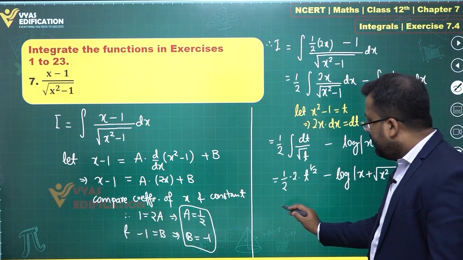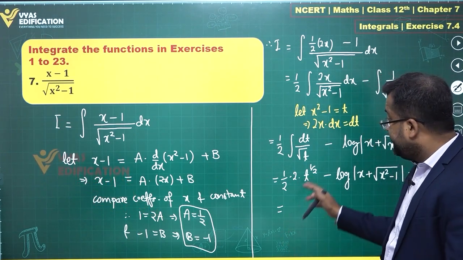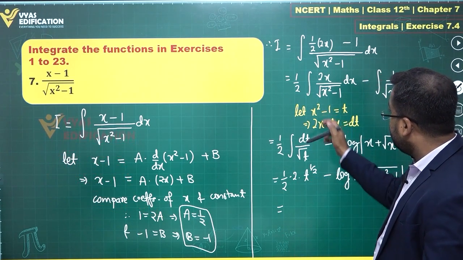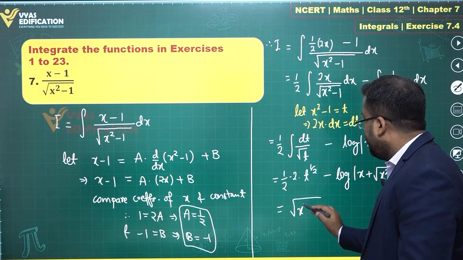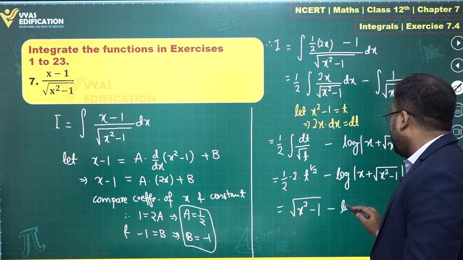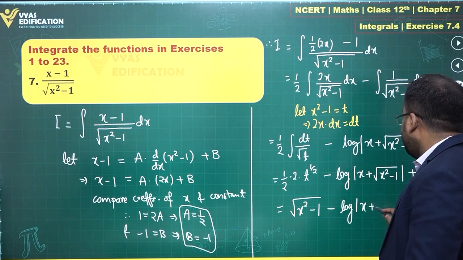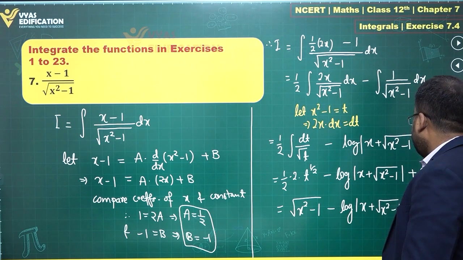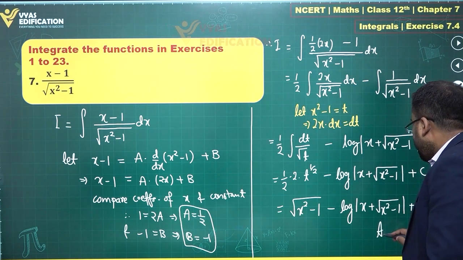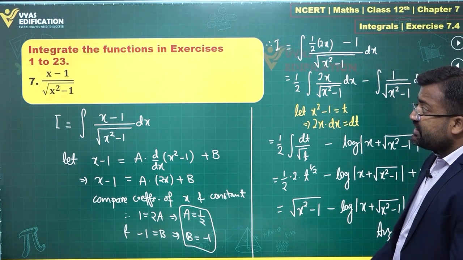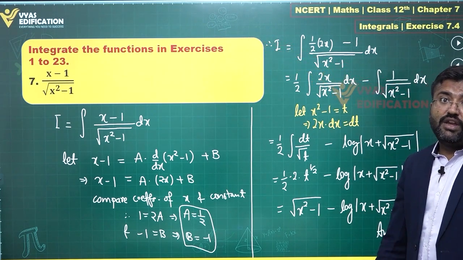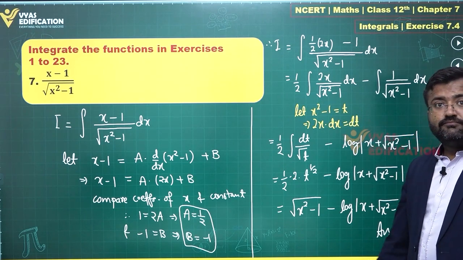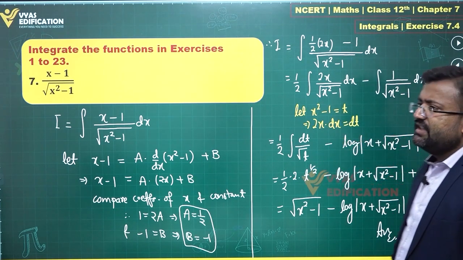Now this 1 by 2 and 2 get cancelled. Under root of t is actually under root of x square minus 1. That comes over here: under root of x square minus 1, minus log modulus of x plus under root of x square minus 1, plus a constant. That is the final answer for this complete question, as you can see. That's all that you have in this 7th question.